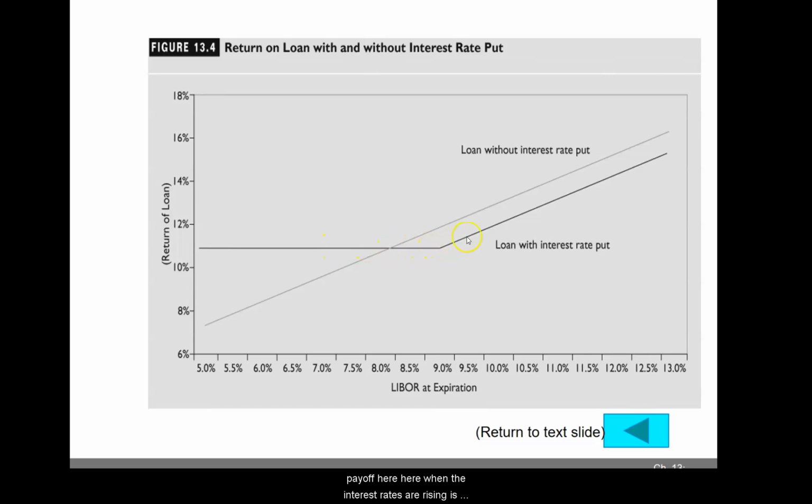The payoff here when the interest rates are rising is slightly less than the interest rate earned by not having any protection. However, this is explained by the cost of the interest rate put that was purchased to protect against the downside here.